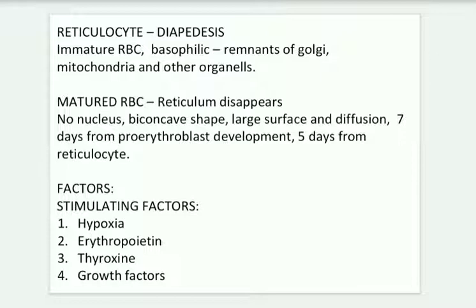And what next? The factors for erythropoiesis. First, the stimulating factors. It can be hypoxia, your oxygen levels. It can be the protein erythropoietin for RBC, thyroxine, hemopoietic growth factors, vitamin B3, B6, vitamin B complex.